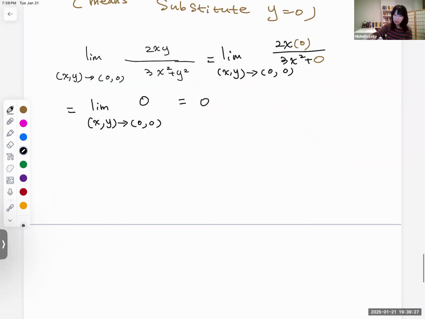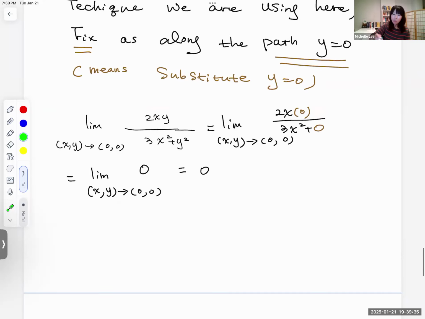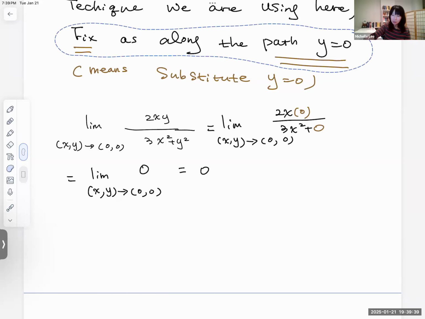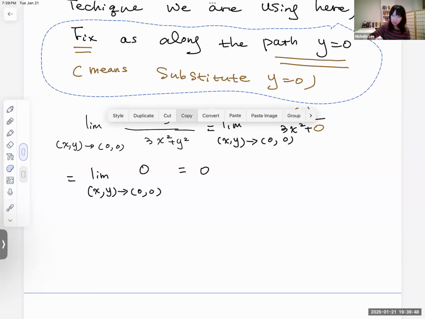Now another similar technique. Let's fix along the path y equal to x. Let me just copy everything and change that. Okay, y equal to x.